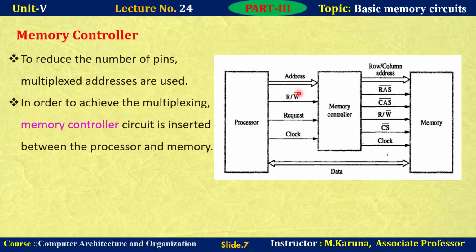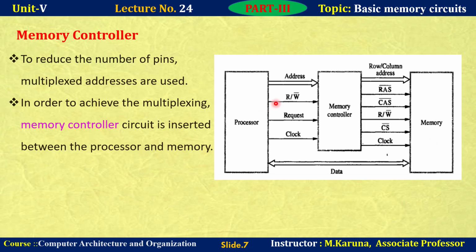The signals between the processor and memory controller are address lines, read-write control signal, request line, and clock. This is synchronous RAM, which is why we are using a clock signal. Next, between the memory controller and memory, the signals are the row or column address bus, row address strobe signal, column address strobe signal, read or write signal, chip select signal, and clock signal.